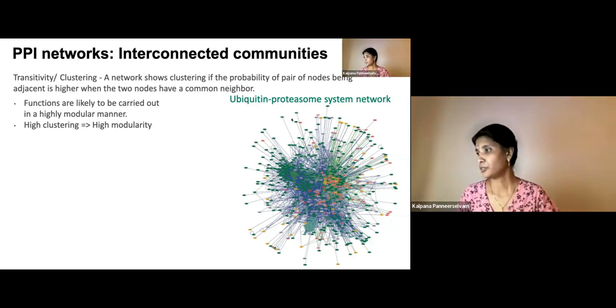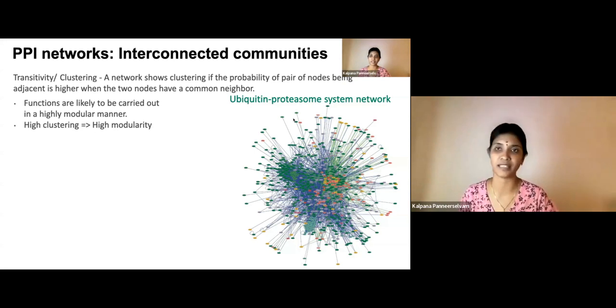I think the color code is based on the cellular component, their location. As you can see, a lot of nodes, a lot of proteins, do not have higher connectivity on the external part of your hairball, but there is a lot of interconnection happening in the center of the network, right?